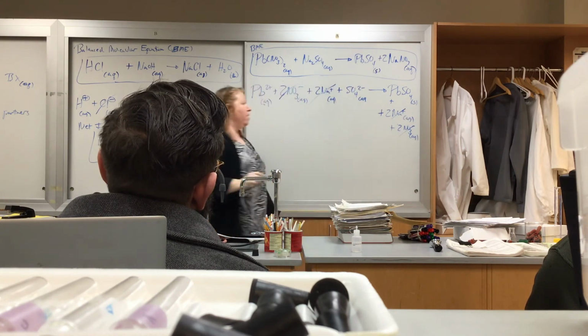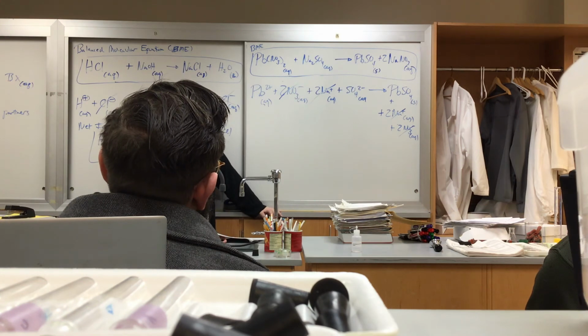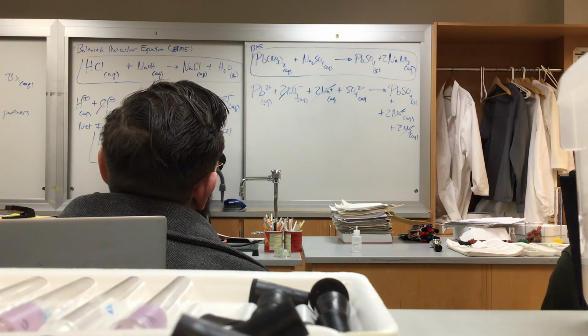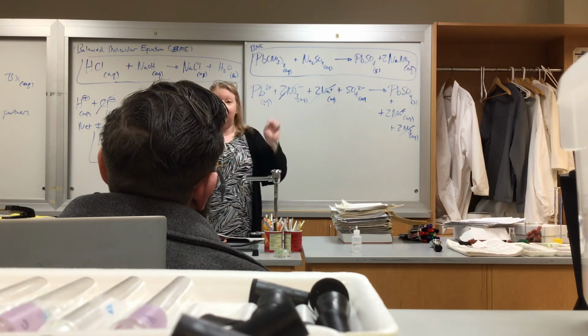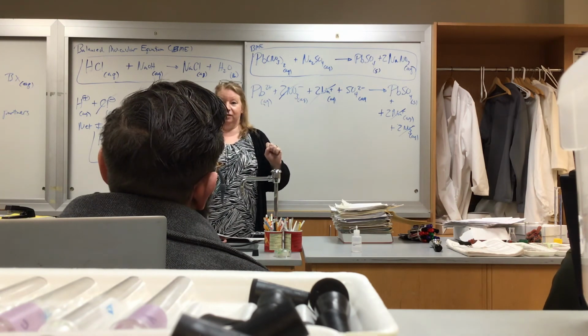So my spectator ions are the ones that are exactly the same on both sides, right? They're called spectator ions because they are just spectating at the reaction that's actually happening. If there are little people in there looking, they're just watching things happen. They're not doing anything. They're floating around at the beginning, floating around at the end.